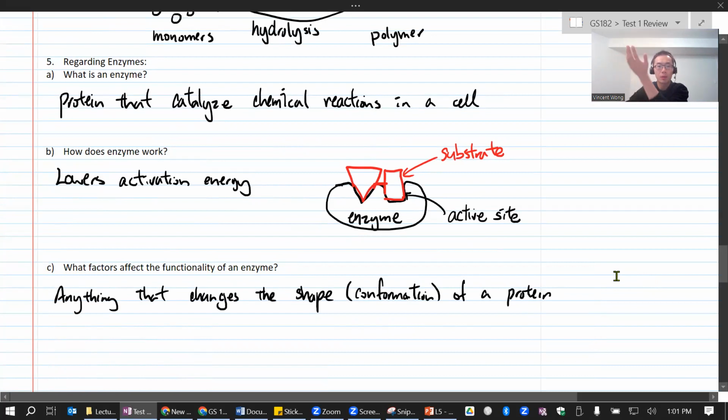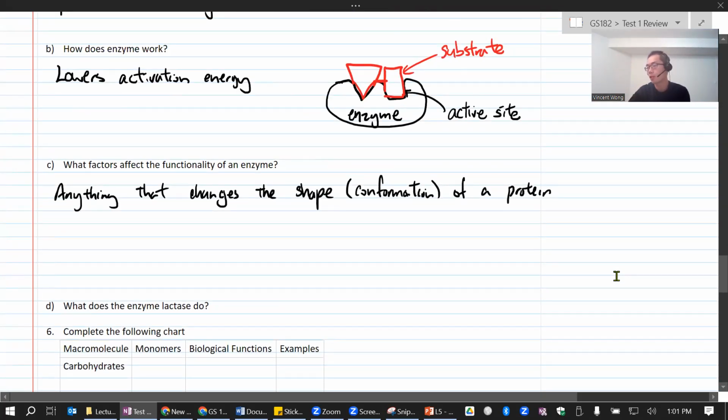Help me out here. What are some factors that affect the shape of a protein? Heat, yep, definitely. So temperature. Anything else? Substrate concentration. You are correct, but we did not talk about that one. You probably read that somewhere else.